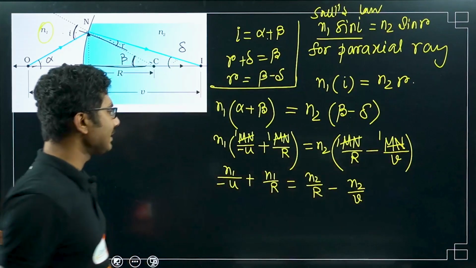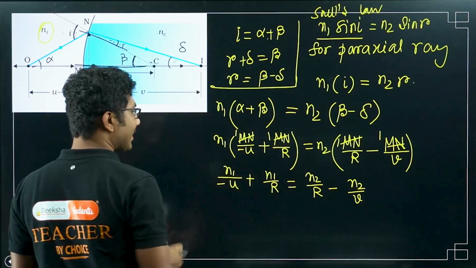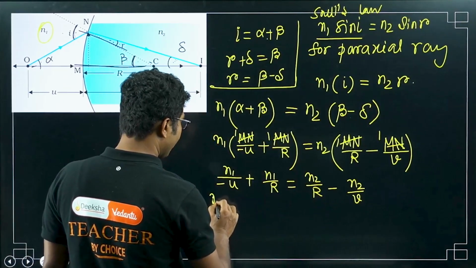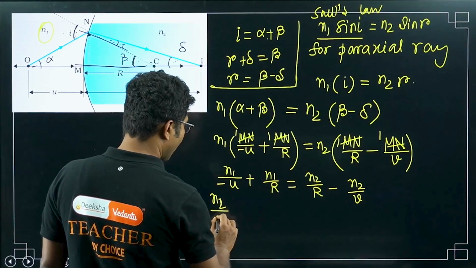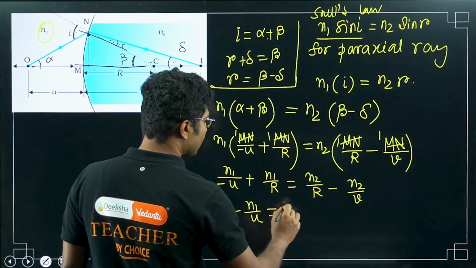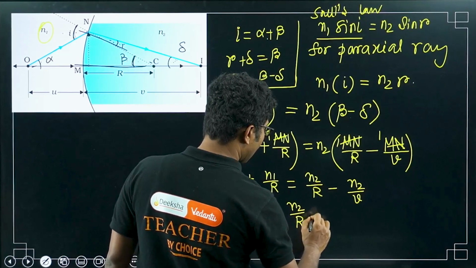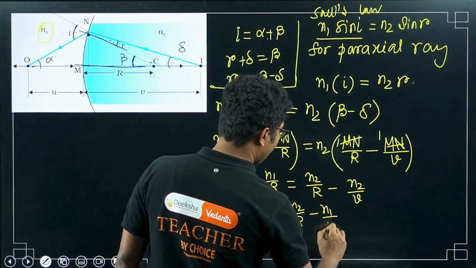Now take this minus N2 by v to the left hand side, so it becomes positive. We will get N2 by v minus N1 by u equals, this will go on the right hand side, N2 by r minus N1 by r.